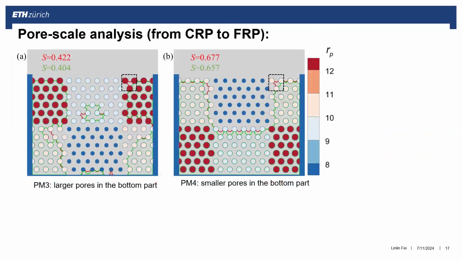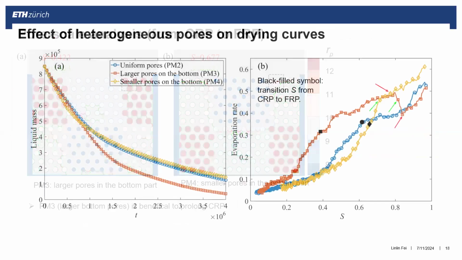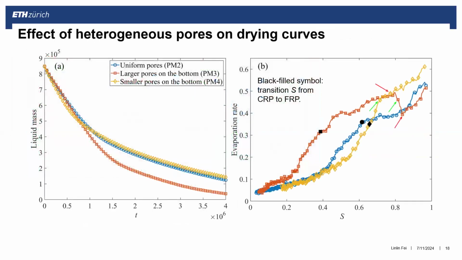And therefore, the transition saturation in case A is also smaller. Among the three, you can see porous medium 3 with larger pores in the bottom is generally faster than the other two cases.